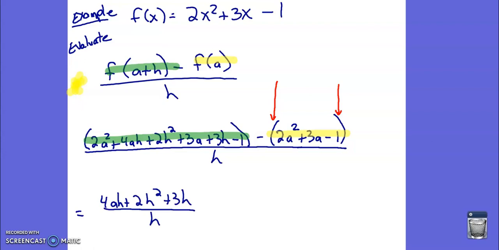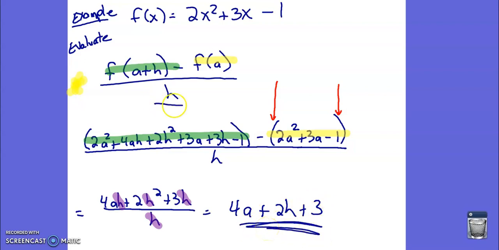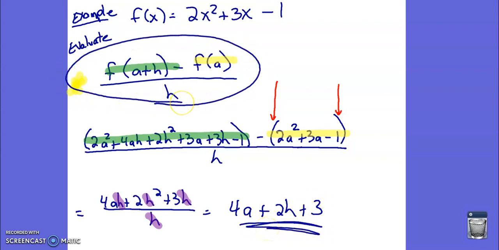And then I want you to notice that you have h divided by h. So they all have an h. So we're going to basically take that out. So 4a plus 2h plus 3 would be your final answer for calculating this.